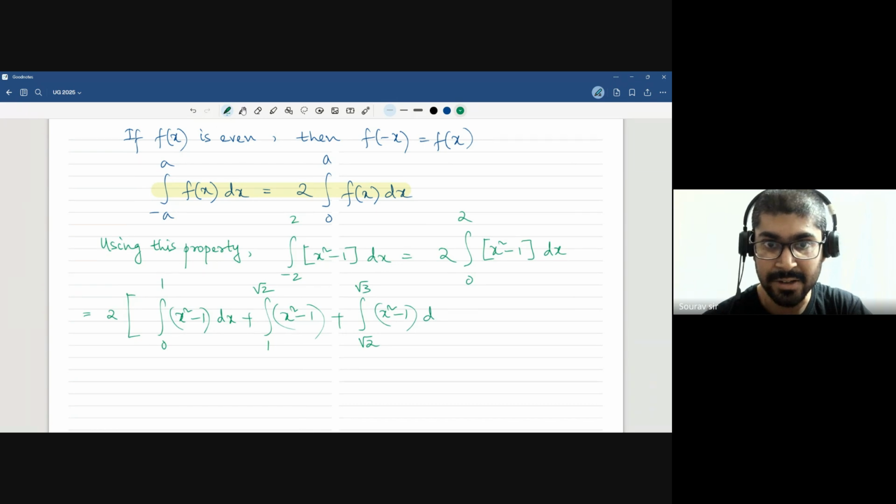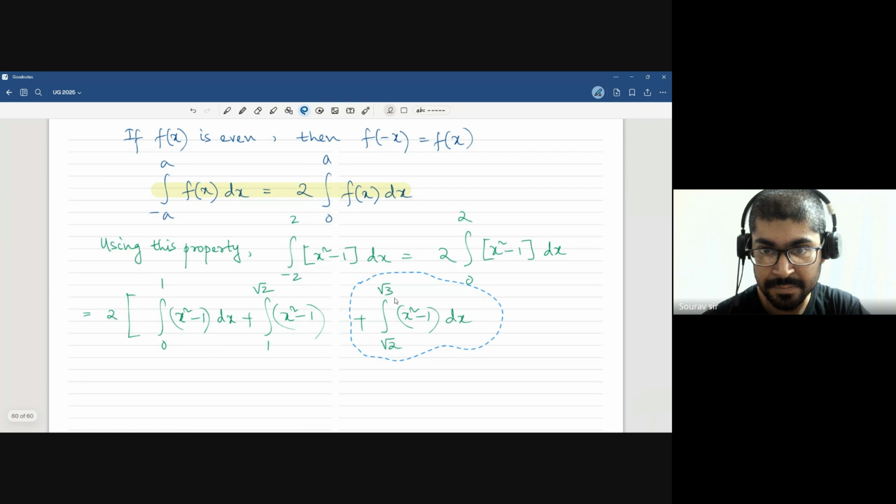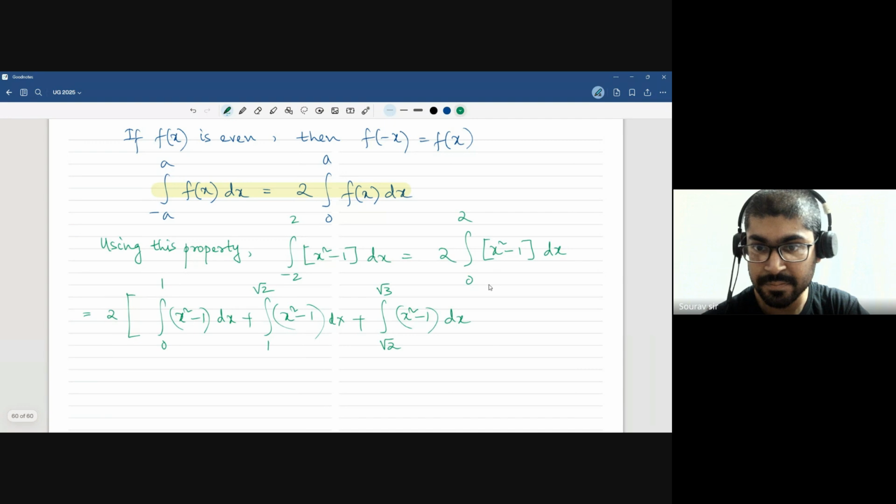Okay, I forgot the dx again. Fine. Now you know how to do it, so you can continue. I'll finish the writing here. Plus root 3 to 2.